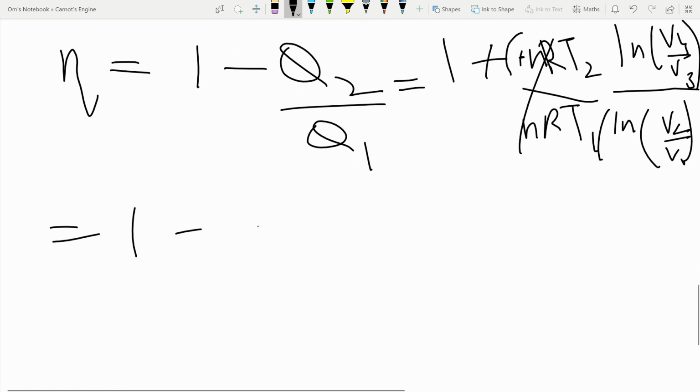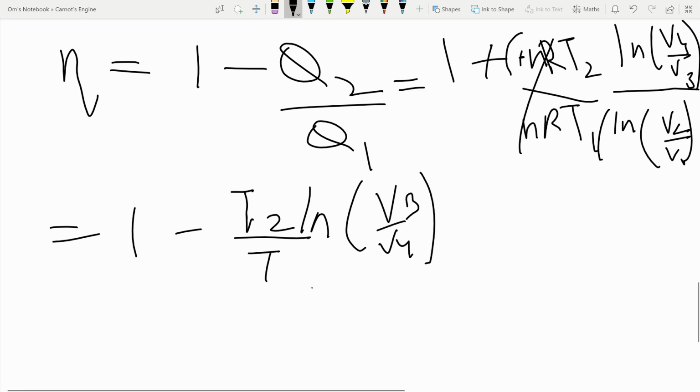So when I take the negative sign out, I'll have 1 minus T2 by T1 into ln of V3 by V4 over T1 into ln of V2 by V1.